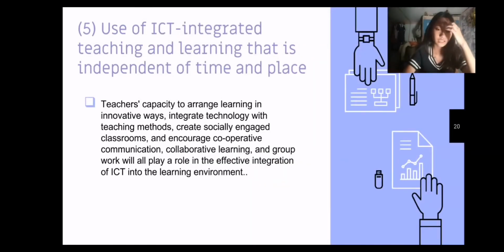The last phase, the fifth phase, is the use of ICT-integrated teaching and learning that is independent of time and place. Teachers' capacity to arrange learning in innovative ways, integrate technology with teaching methods, create a socially engaged classroom, and encourage cooperative communication, collaborative learning, and group work will all play a role in effective integration of ICT into the learning environment.